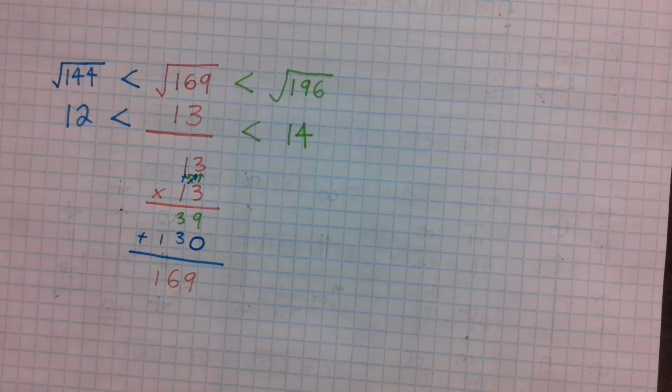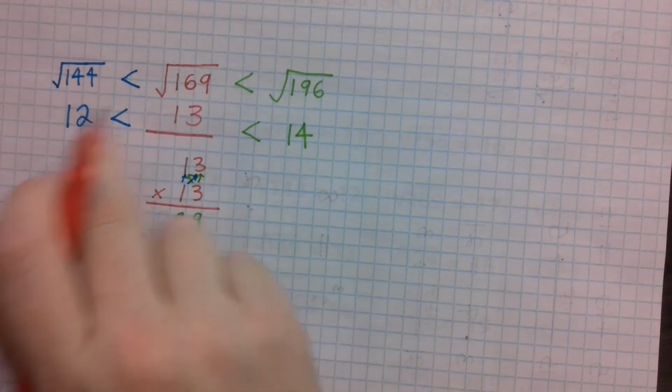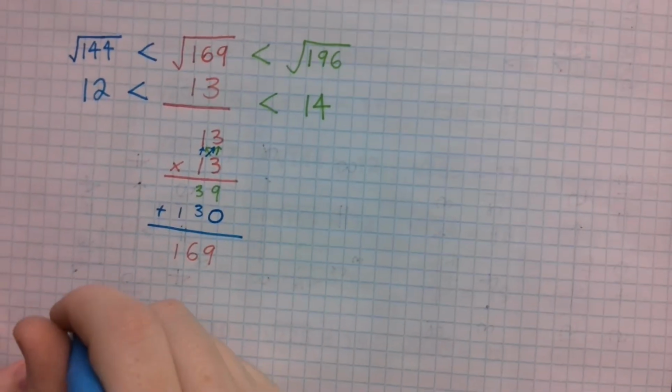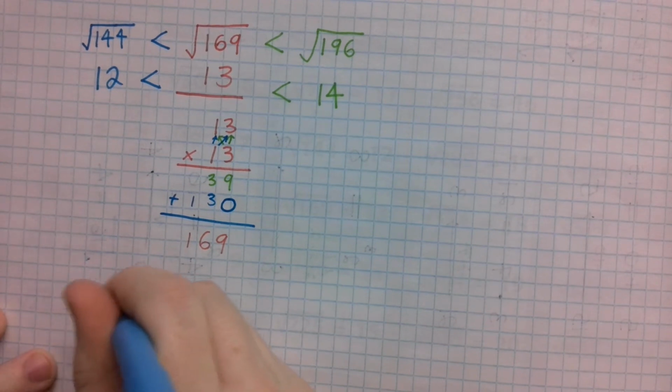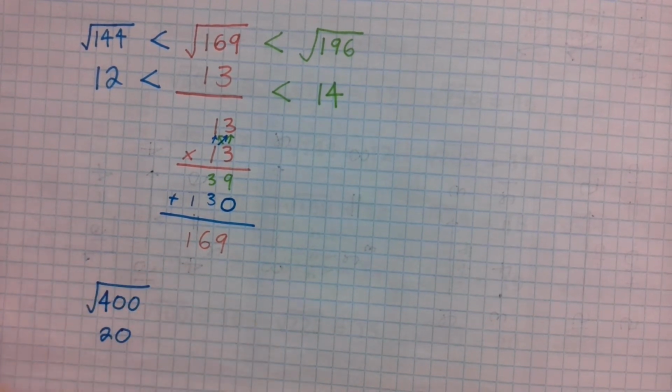This method of guessing and checking works for any and all square roots. If you can find some square roots that are close to it, you can figure out if your answer should be higher or lower. Then it's a matter of guessing and checking. Let's say, for instance, that we knew the following. Let's say we knew that the square root of 400 is 20.